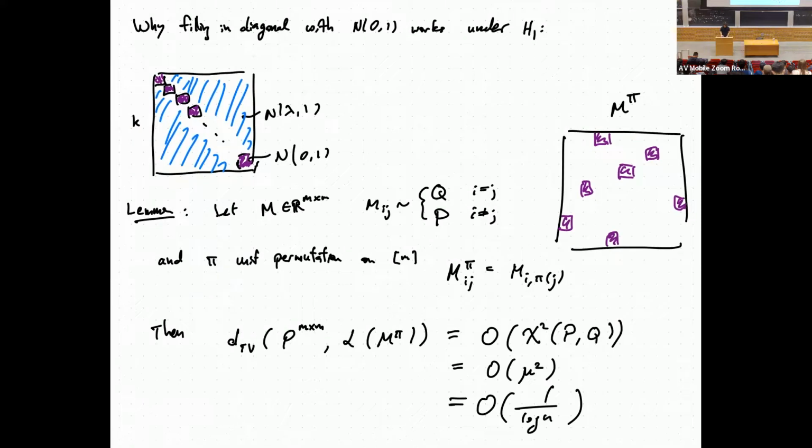Okay, so let's see. Do I want to write down what chi-squared is? Maybe I won't, but I'll just say that this is called the chi-square divergence, and you can look it up on Wikipedia.